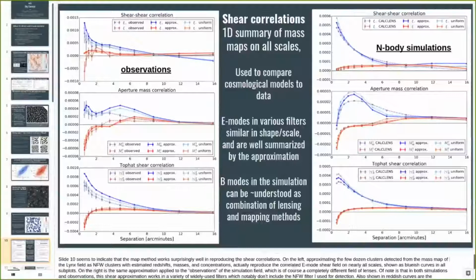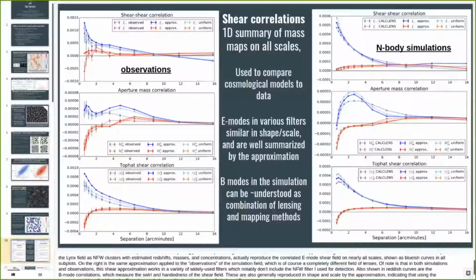On the right is the same approximation applied to the observations of the simulated field, which is of course a completely different field of lenses. Of note is that in both simulations and observations, this shear approximation works in a variety of widely used filters, which notably don't include the NFW filter I used for detection.